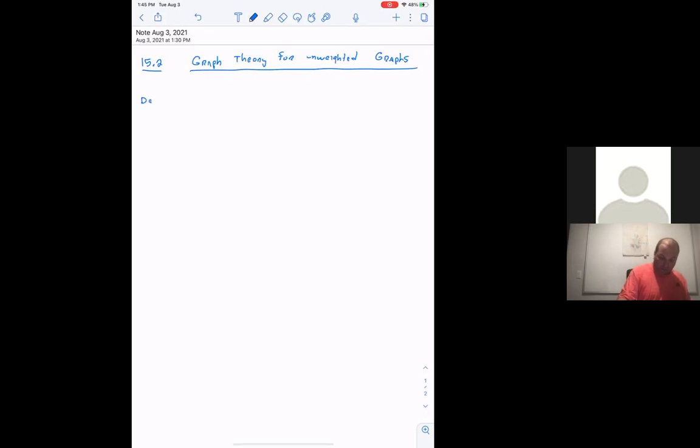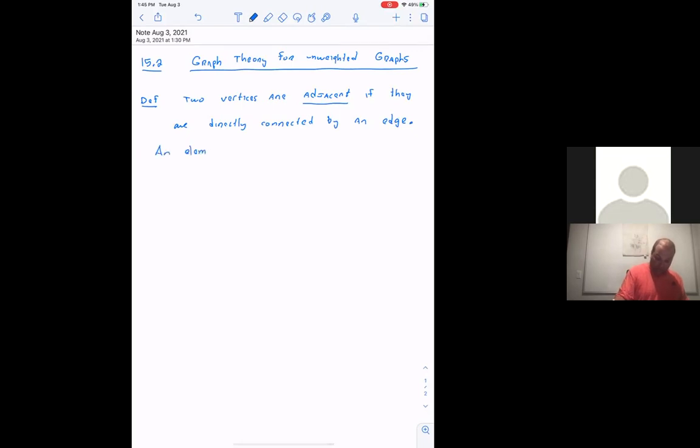So first definition, 2 vertices are adjacent, which is the English term for next to each other, if they are directly connected by an edge, which seems very reasonable. If there's an edge that connects them, then they are adjacent. They're next to each other.